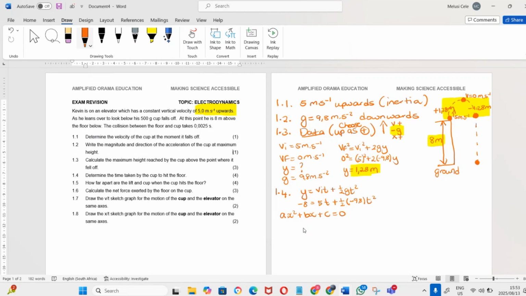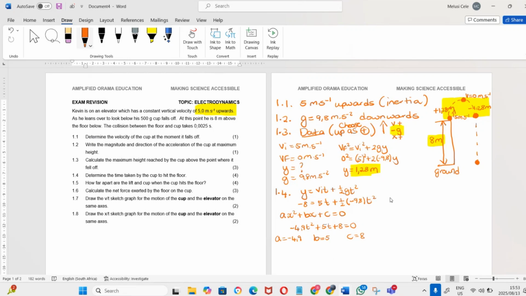So what I'll do is I have negative 4,9 t squared plus 5t. Then I'm going to bring the 8 over, and I'm going to have plus 8, and equate everything to 0. So my a value is negative 4,9, my b value is 5, and my c value is 8. Then I'm just going to solve for that.